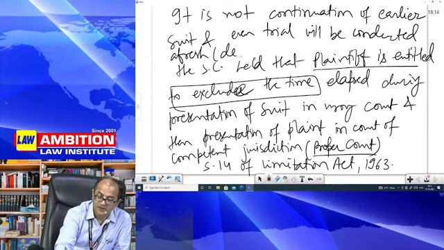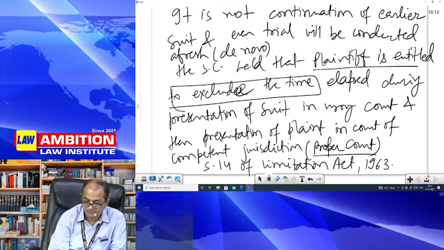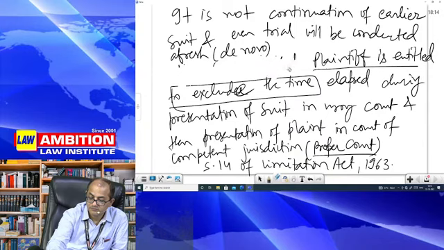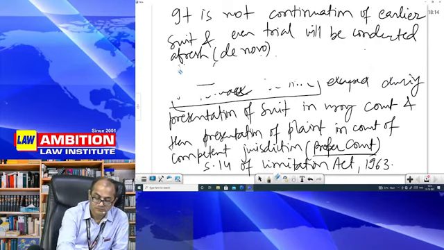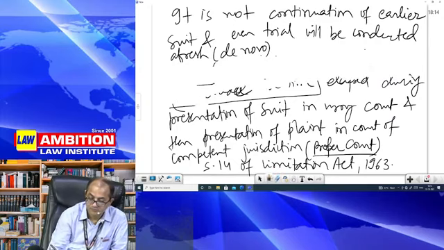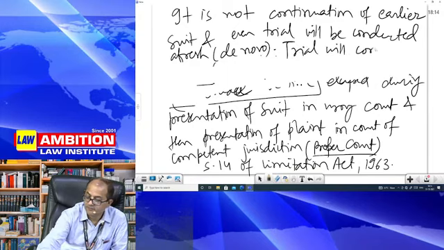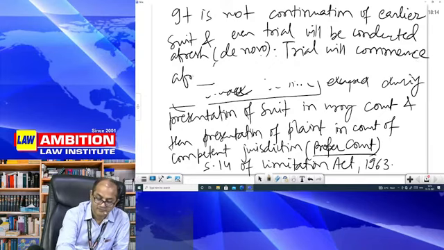That is called de novo. उसको हम लोग कहते हैं de novo, and that is from the beginning. So trial will commence afresh.